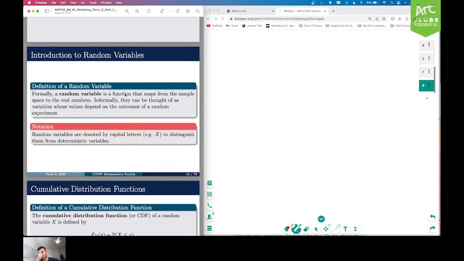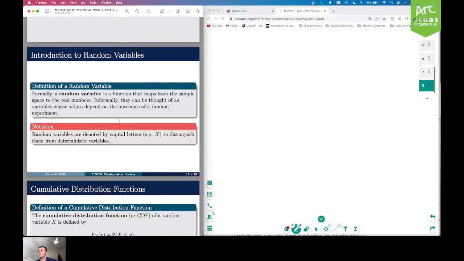So we move on to this concept called random variables. Random variables can be thought of as variables whose values depend on the outcomes of a random experiment. So if we're flipping a coin and we want to count the number of heads, that in itself is a random experiment, and so we can call that a random variable: the number of heads you land on.